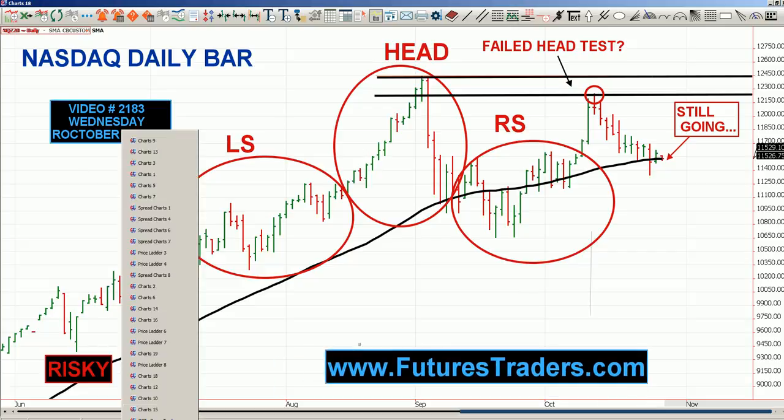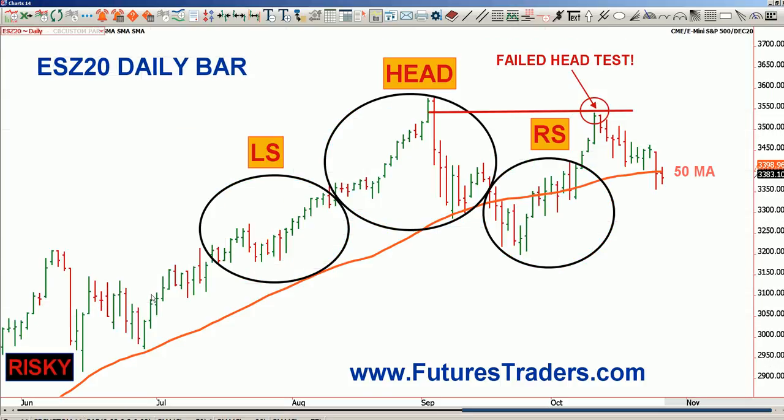I've got another chart I wanted us to go look at, the OMNI S&P. Same thing: once it had the failed head test, boom, boom, boom, boom, boom. Now we are below the 50-bar moving average. That should give us at least one more day.